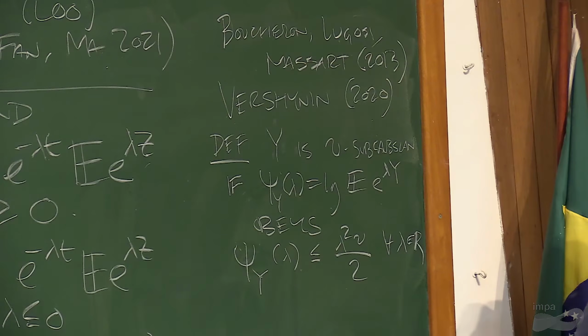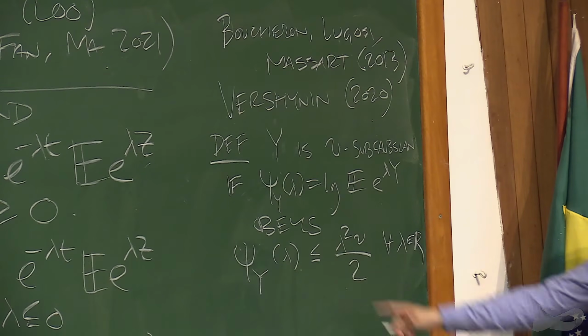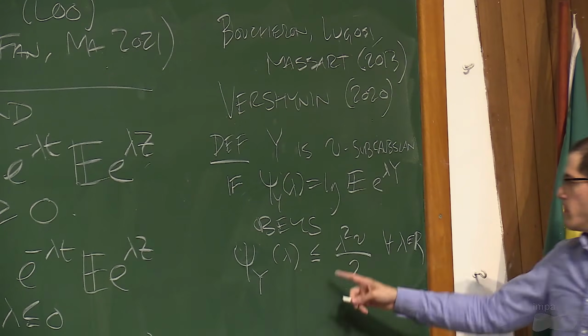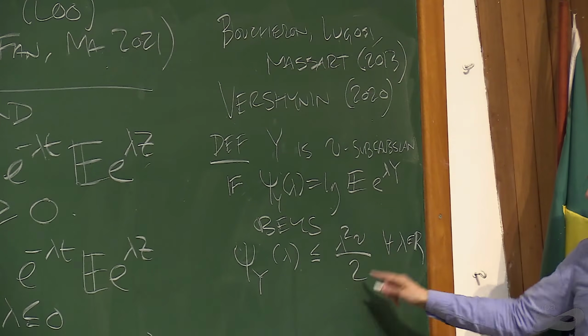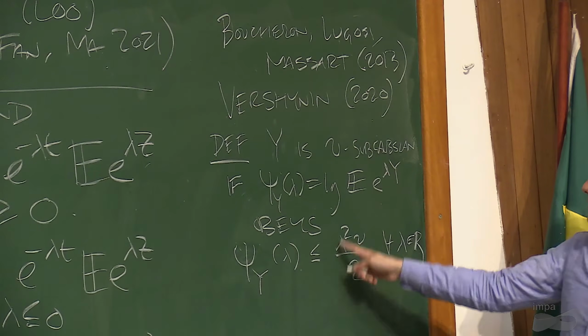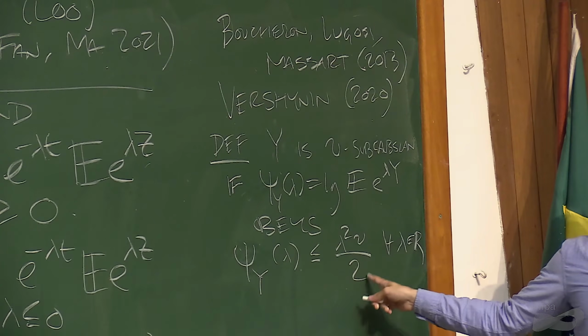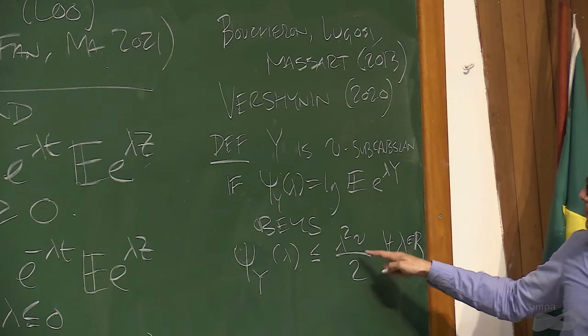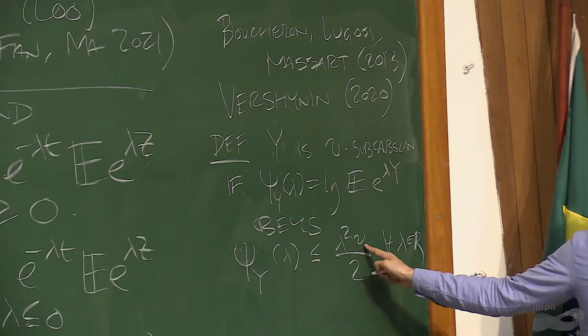I look at any real lambda, I evaluate the cumulant generating function of y at that lambda, and it needs to be bounded by lambda squared times nu over 2. We call this behavior sub-Gaussian because this quantity right here is exactly the cumulant generating function of a Gaussian with mean 0 and variance nu.